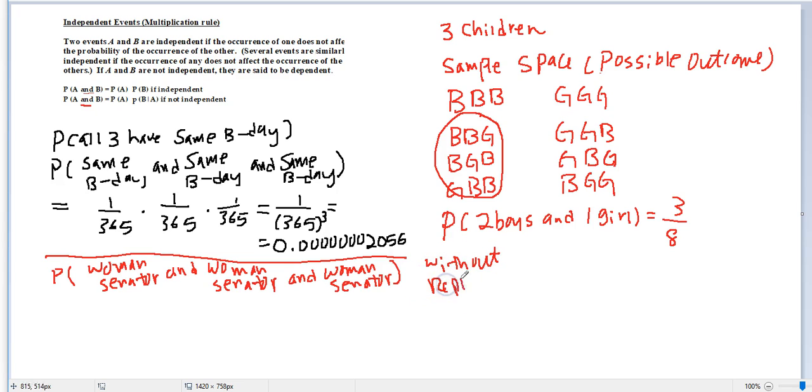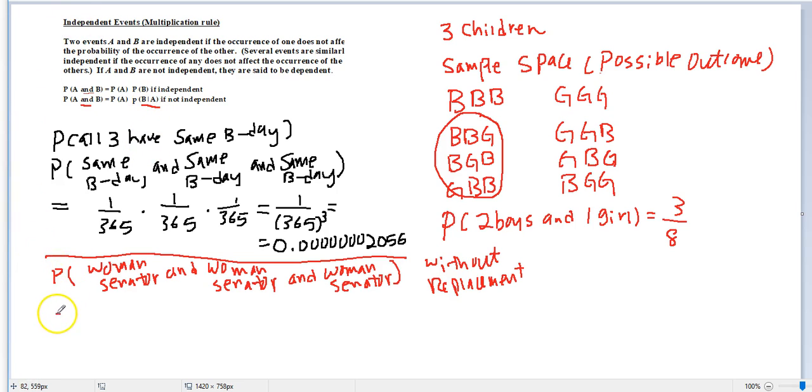Without replacement usually means that once you look at it, you don't put them back. So next time you pick, everything's going to be reduced by 1. So that makes it dependent. And we will talk about conditional probability in another video, but that's what that is.